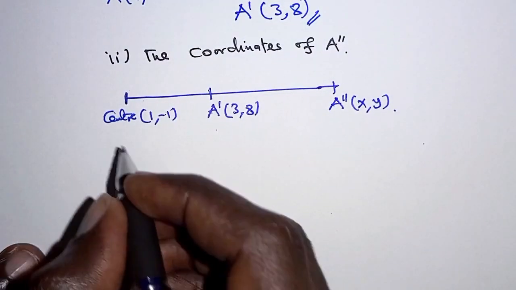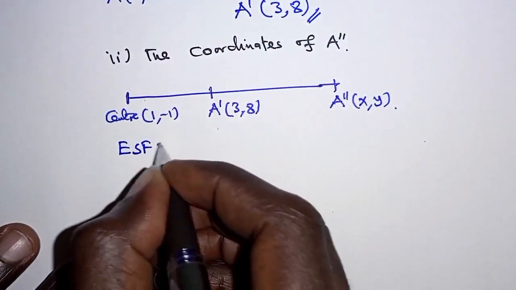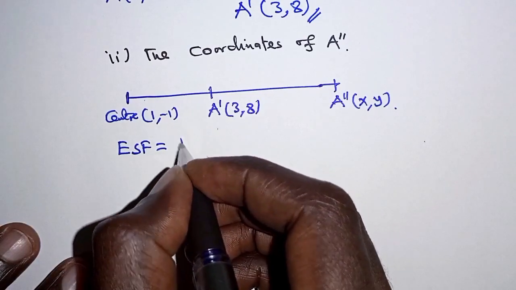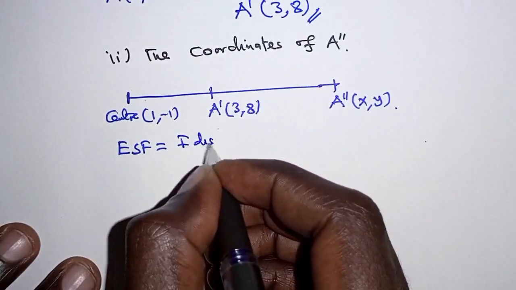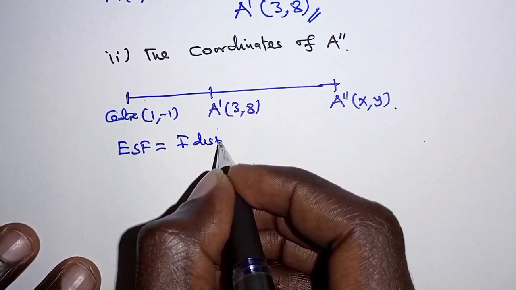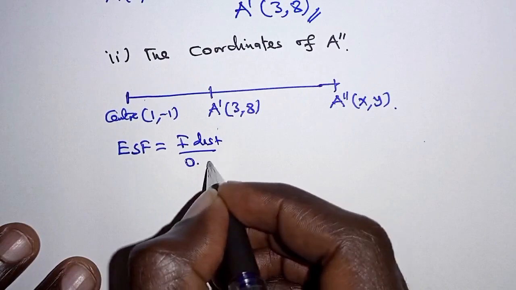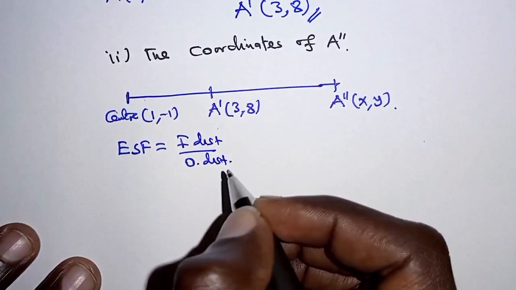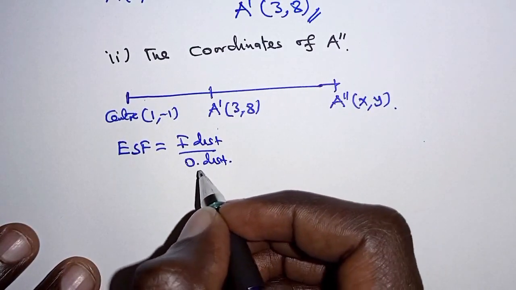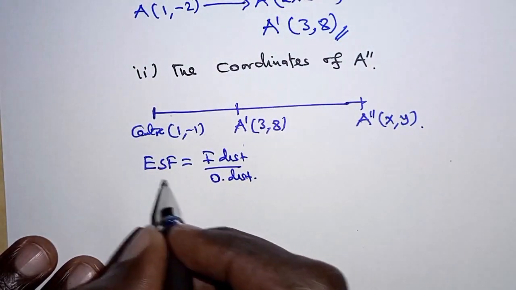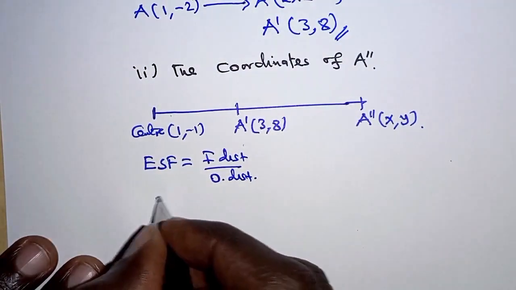We'll have to recall again that enlargement scale factor is the ratio of image distance, that is from the center of enlargement, to object distance, again from the center of enlargement. For our case, we are told the enlargement scale factor is 3.